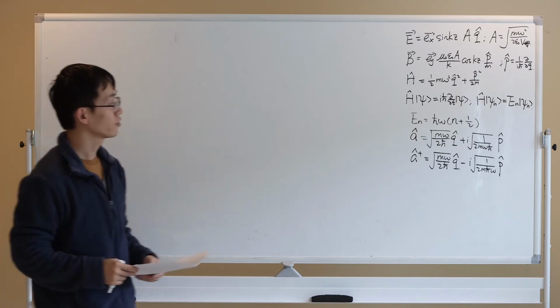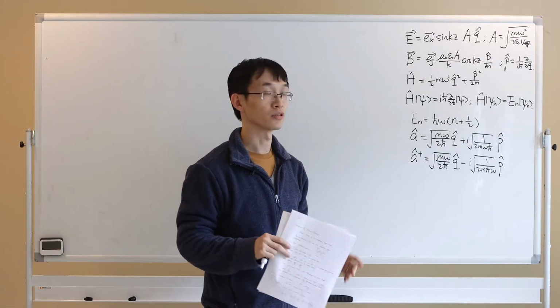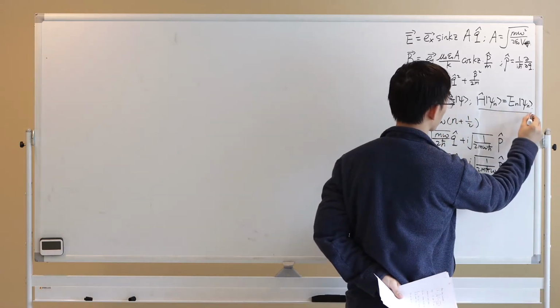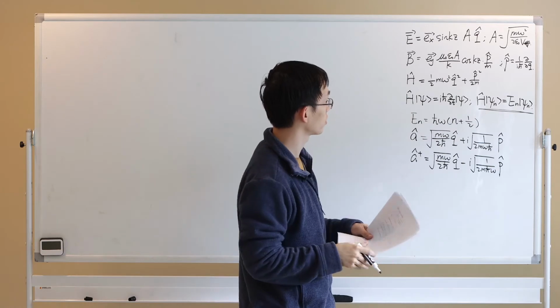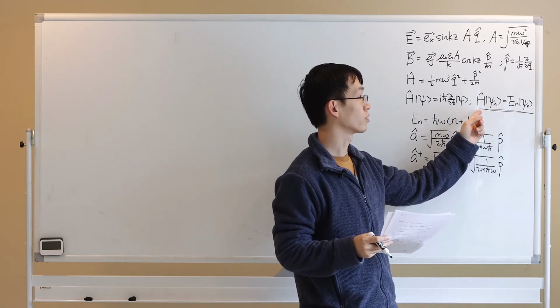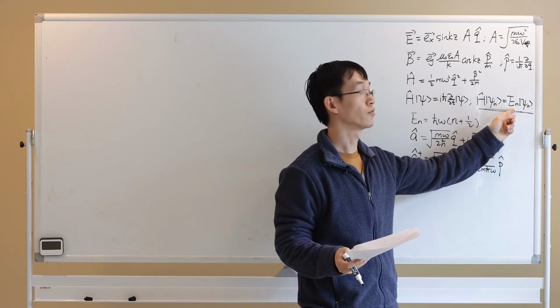Now, to verify whether these two are really annihilation and creation operators, the thing you want to do is to use this equation here, right? What it tells us is that if you have the nth eigenstate, then when you apply the Hamiltonian on it, you always get the energy level En.